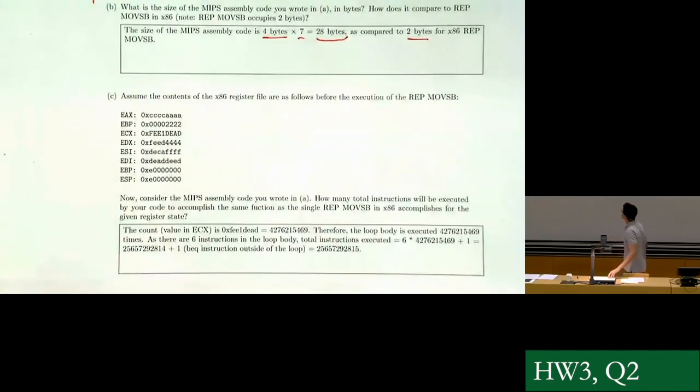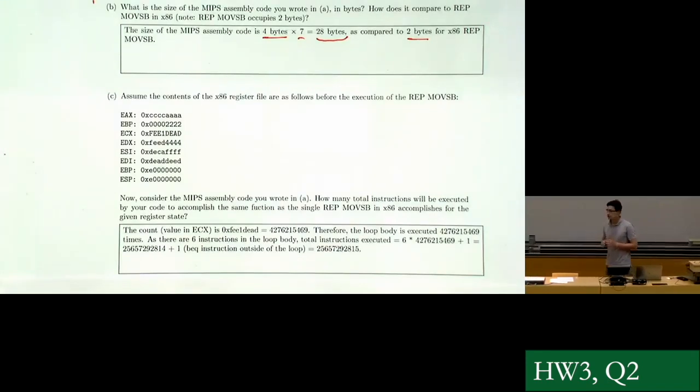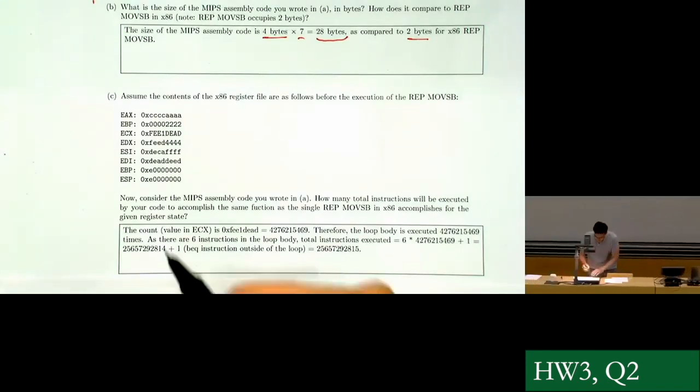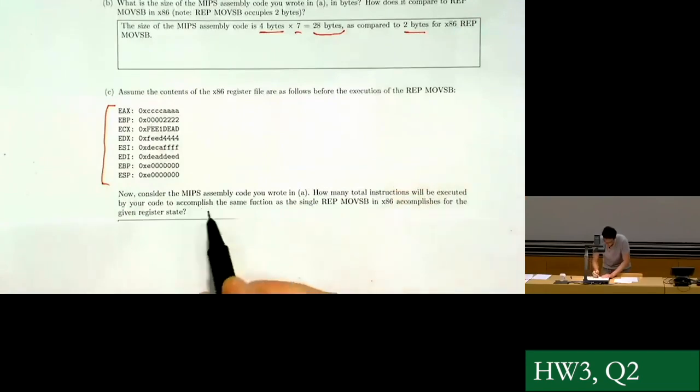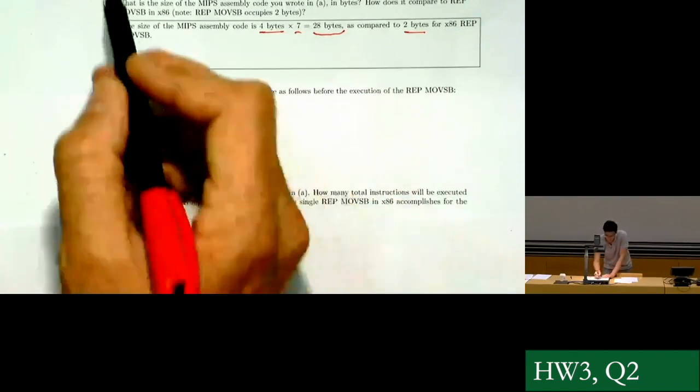Part C says, assume the contents of the x86 register file are as follows before the execution of this instruction. And these are the contents of our registers. And it says, now consider the MIPS assembly code that we have just written.